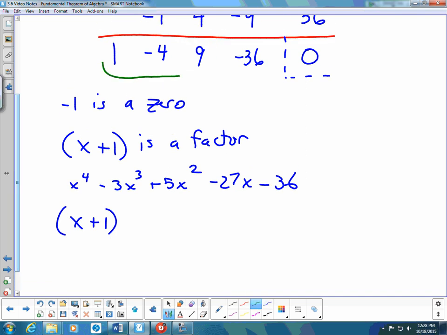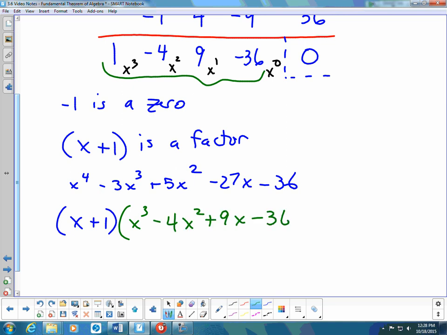And then these numbers right here are going to be the coefficients of the next factor. So that would be x to the third, let's do this. This is x to the 0, x to the first, x to the second, x to the third. So that's going to be x to the third minus 4x squared plus 9x minus 36.